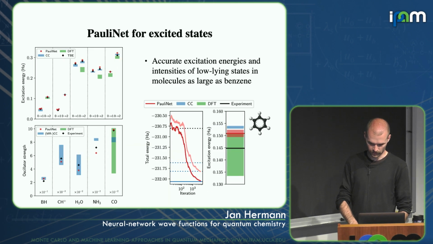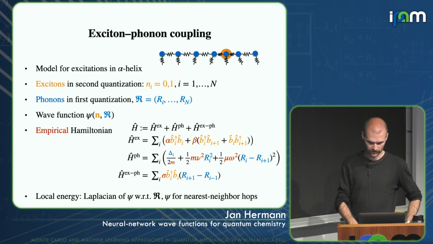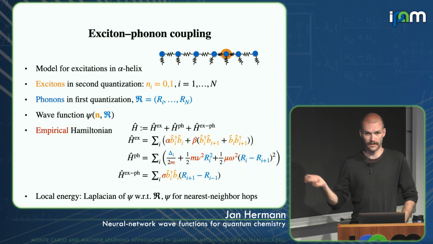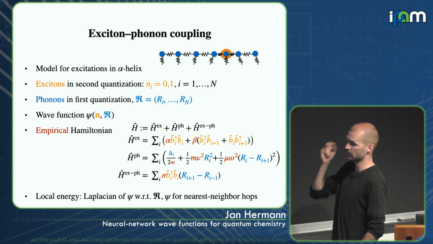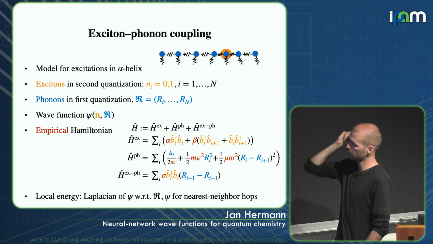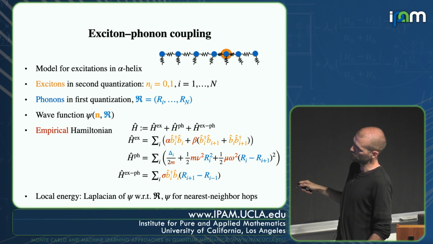I'll skip this because Zeno already had a poster about this, and I'm running out of time. And then I'll go to the other Hamiltonian that I wanted to talk about. So this is an example of an effective Hamiltonian, and it's a Hamiltonian that describes so-called exciton-phonon coupling.